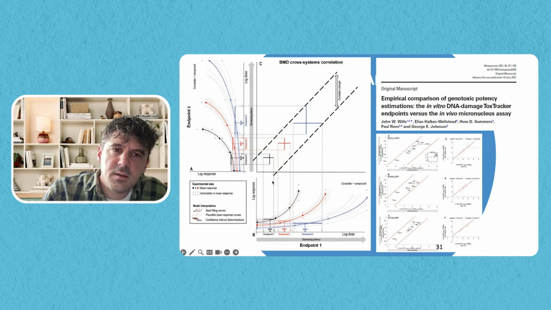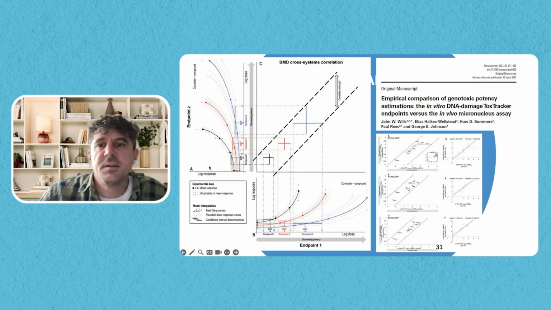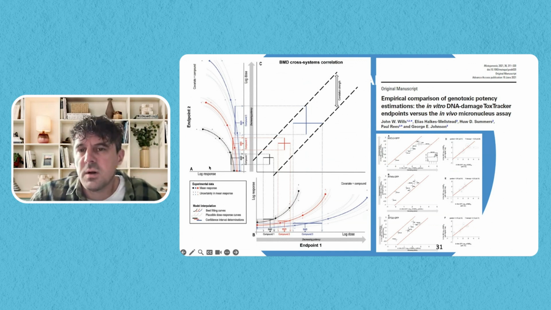That is that compound, that one is that compound for this endpoint. You then plot that against what it would look like for the other endpoint. And then you go, okay, for this compound 1, it's more potent in this assay. It's also more potent in that assay. That means that that assay links to that assay. Obviously, that opens up quite a lot of opportunities for saying, this is how you could validate one test against another test.